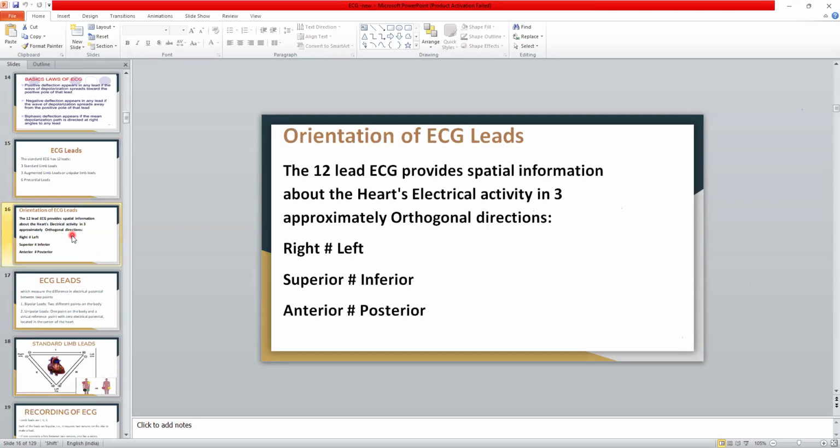This 12 lead ECG provides information about the heart's electrical activity in 3 orthogonal directions, that is right to left, superior to inferior, and anterior to posterior.